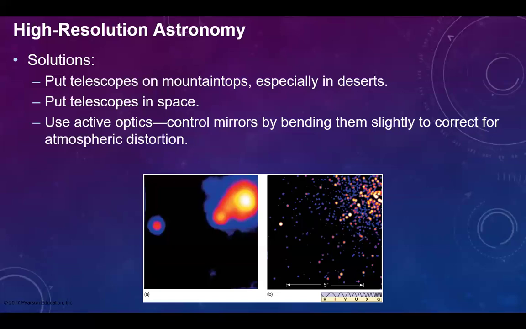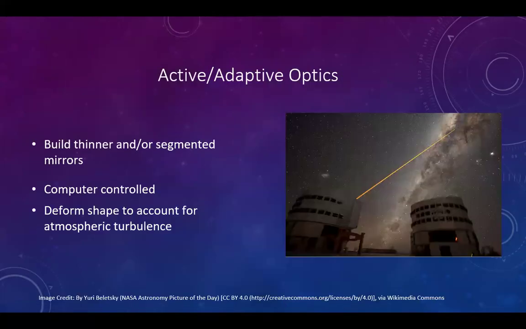And lastly, we use active optics. We control mirrors by bending them slightly to correct for atmospheric distortion. And that can take you from something blurry-ish like this to something much sharper. With active or adaptive optics, we use thinner or segmented mirrors.